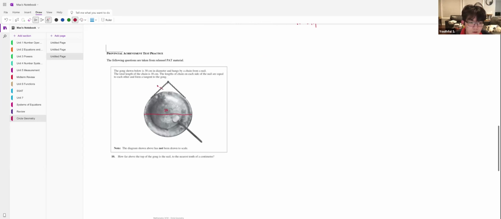So this is 9, and this is 9, because the total length is 18, so each of those is half. The lengths of chain on each side of the nail are equal to each other and form a tangent to the gong. How far above the top of the gong is the nail to the nearest tenth of a centimeter? So it's asking us for this length, right?